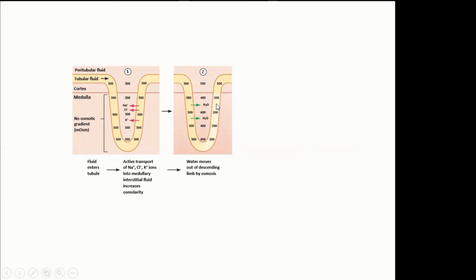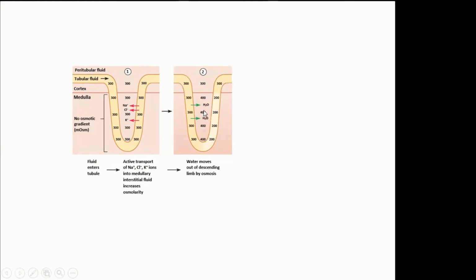We took them out and moved them somewhere though. So this portion of the medulla here in the center between our two limbs of the loop of Henle is now at 400. It's at 400 because we moved solute from the tubular fluid into the medulla, so it's gone up. Okay. So because we moved those solutes, now we have a medulla that's at 400 milliosmoles.